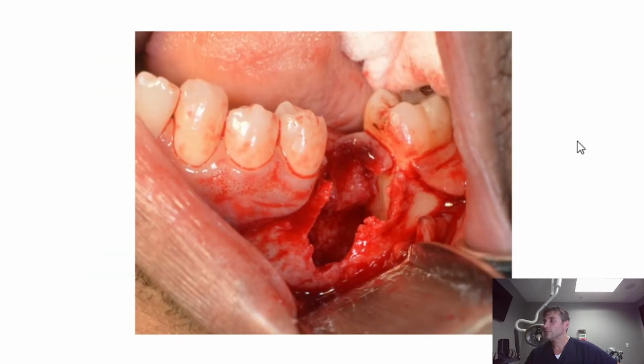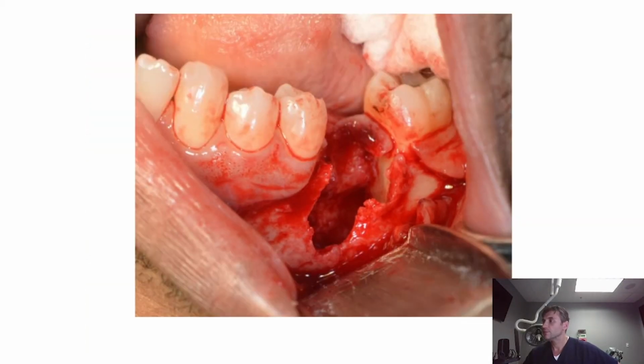I don't have initial pictures, but I hope you can appreciate the size of this bony defect. It's pretty big. As a matter of fact, once you take the tooth out and you clean up all this infected tissue, you really can notice there's not much bone left here. And you simply cannot put an implant here. There's really no way the bone's going to heal all the way.